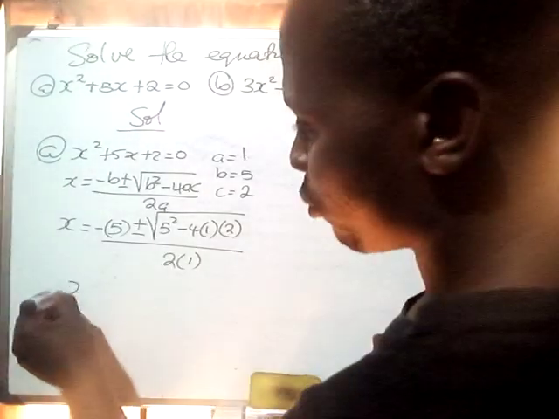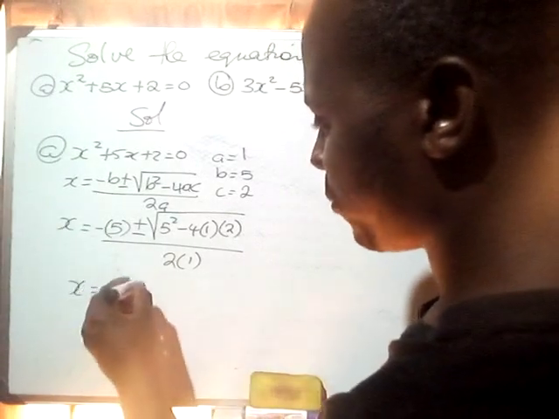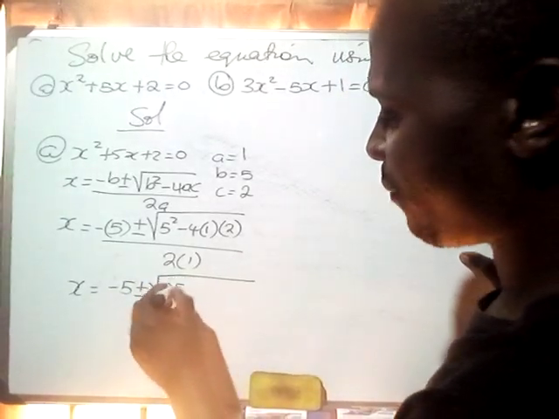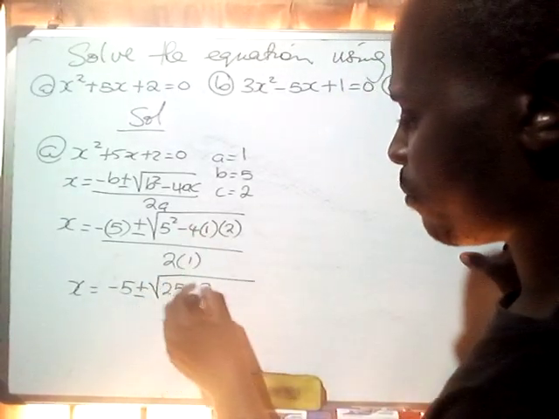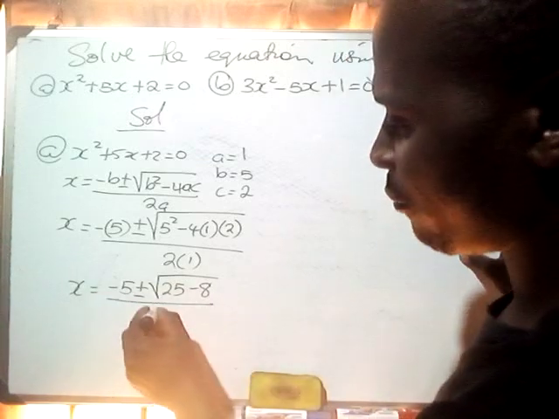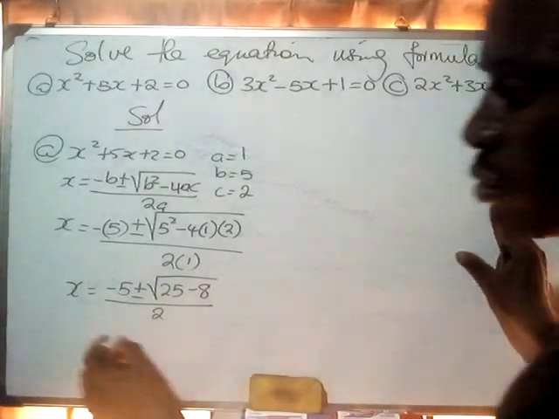So the next step will be x is equal to negative 5 plus or minus the root of 5 squared, 25, minus 4 times 1 times 2, which is 8, everything over 2, because 2 times 1 is 2.